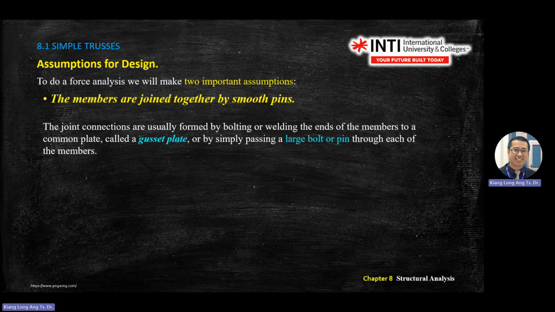So what do I mean by pin? When you have a pin on the member, let's say this member, and you convert it into a free body diagram, what do you see? You will see these two forces. Let's say this is point A, so you have AY and AX.